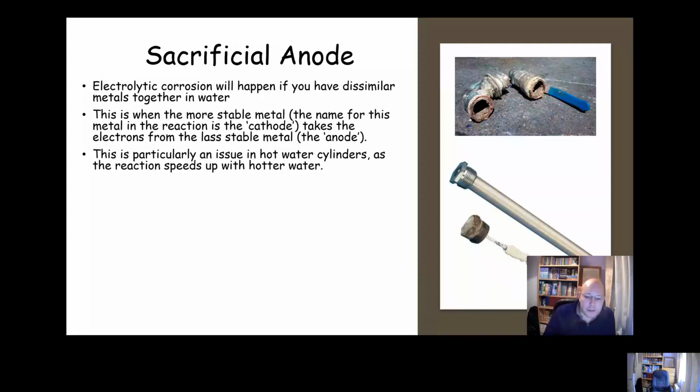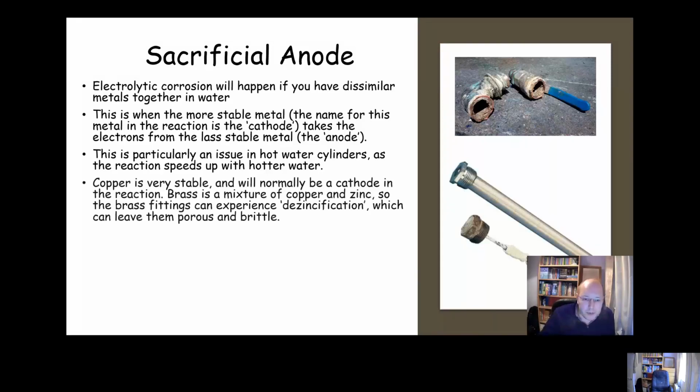Temperature and the acidity or alkalinity of the water can also affect how quickly the reactions take place, and that's why in hot water cylinders, because we're going to have high temperature water in there, we need to put something in there to offset that corrosion, which can cause damage to brass fittings. It can cause dezincification of brass fittings.